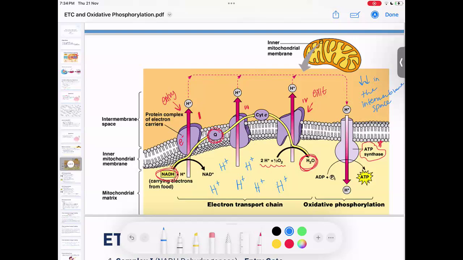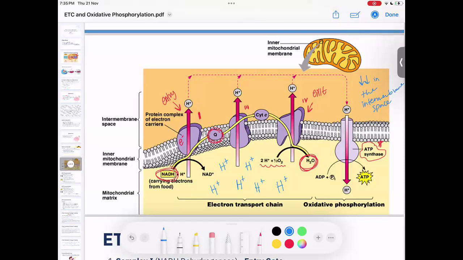So in the beginning, I had all these taxis coming in, dropping off the electrons, and at the same time, throwing the protons into the matrix. The protons accumulated, and when they accumulated, I had a concentration gradient. Eventually, I had a very high H plus ion concentration in the matrix and a very low one outside in the intermembrane space.